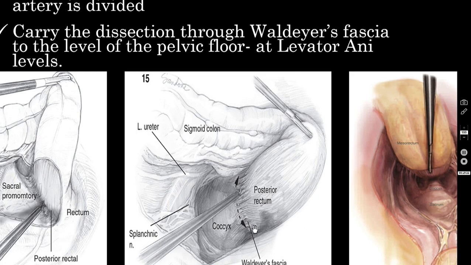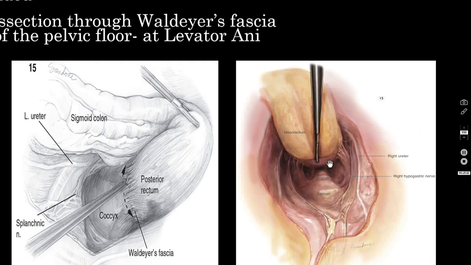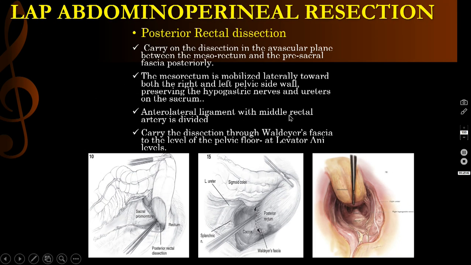You have to cut it and then dissect up to the pelvic floor where there are levator ani. Up to that, not just coccyx alone, because this is an APR procedure. So you have to go up to the pelvic floor, or sorry, the level of levator ani. Up to that you have to dissect.